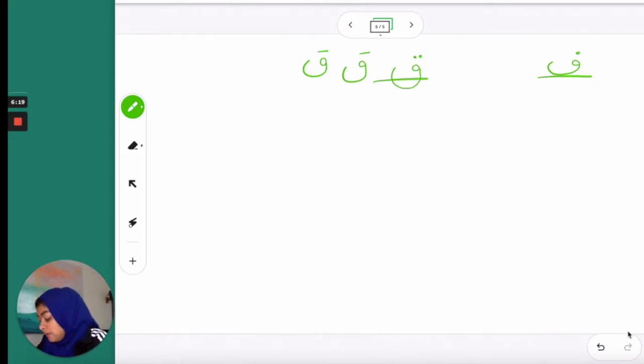Now, the qaf is pronounced by the very back of the tongue. Okay? The very, very back of the tongue. And what the back of the tongue is going to do is close off against your throat, and it's going to close off the air in your throat. Qa, qa, qa. The tongue is hitting the back of the throat.